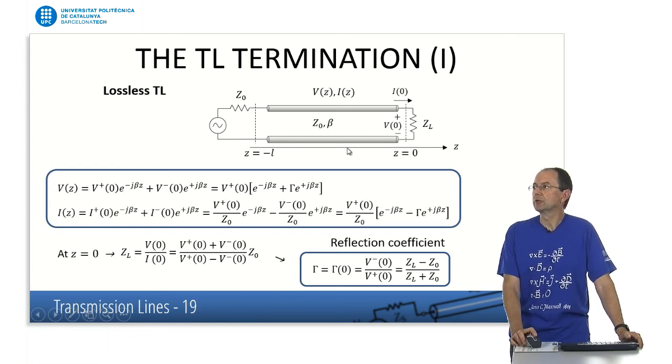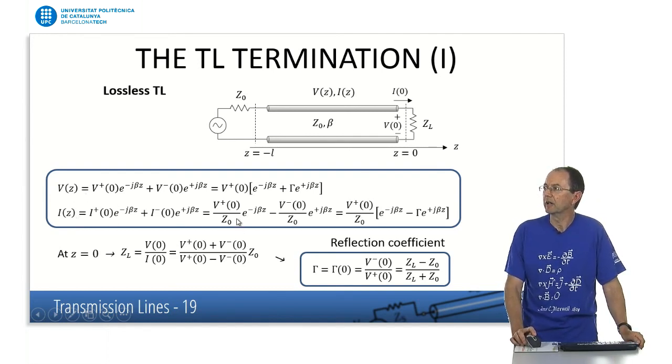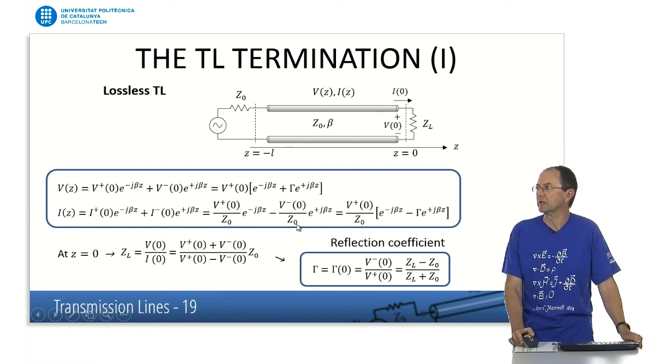So let's try to model this mathematically. We have here two equations, the voltage and current equations. The current is expressed as voltage divided by the characteristic impedance of the line.